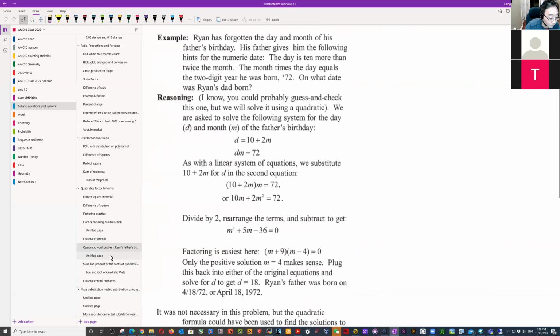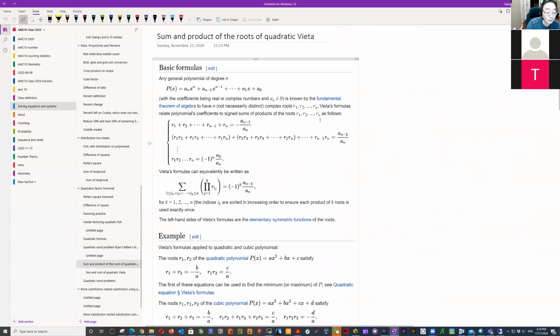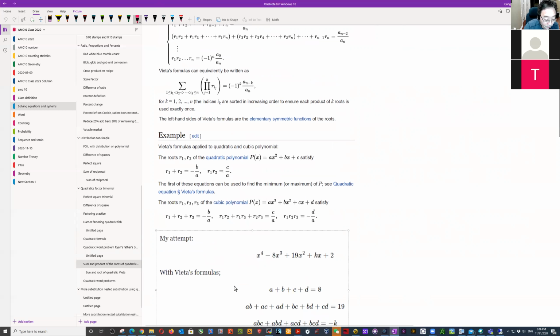So first, let's see how the Vieta formula works. It looks like jumbo garbage, and you cannot really understand it. But we are going to skip this and go to the real example first.